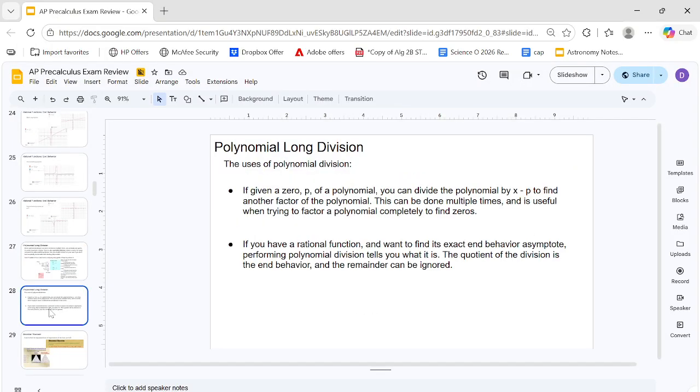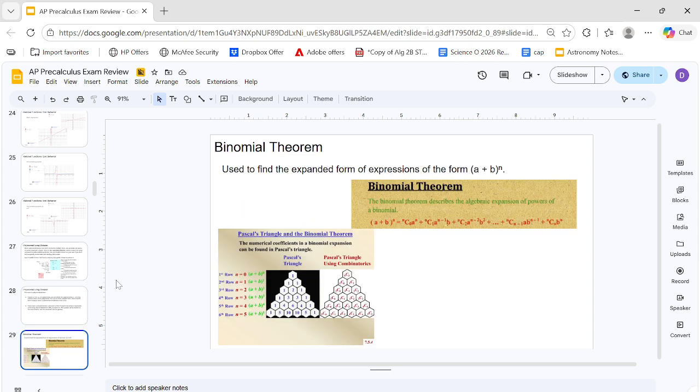Let me show you this. The quotient of the division is the end behavior, and the remainder just goes to 0 at the ends. So basically the end behavior is just going to be whatever the quotient is, ignoring the remainder, for a rational function.